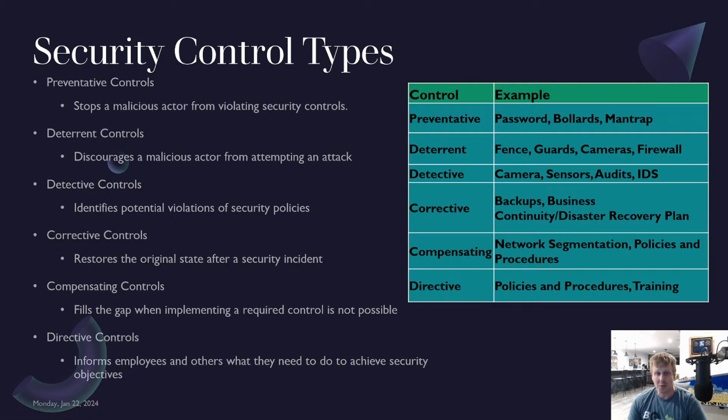So when you dig into breaking down those controls, you have different subcategories. Essentially, your preventative controls, things that will stop somebody from doing something. Your deterrent controls essentially discourage them. So preventative is like putting up a fence. Deterrent controls are going to be the sign on the fence that says "Beware of dog."